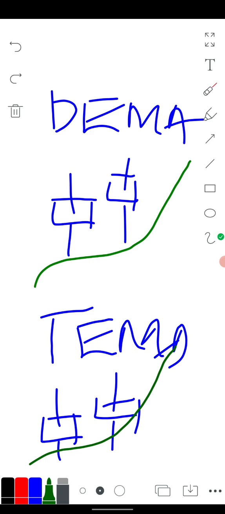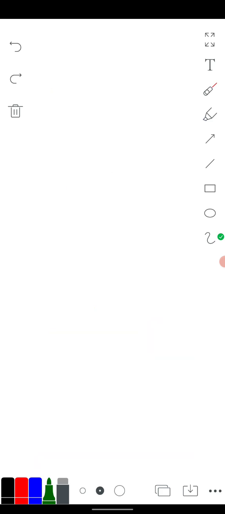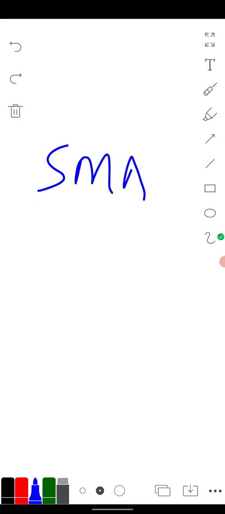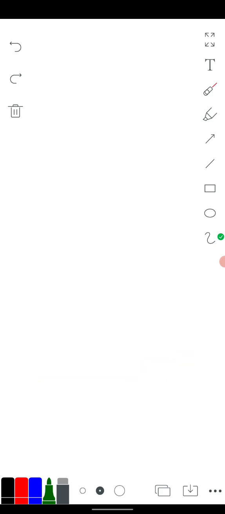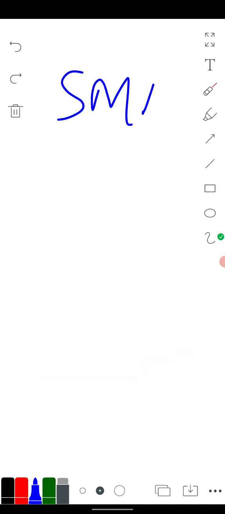And we'll be having one more strategy, like SMA and EMA in a single strategy. If EMA crosses above, let me consider this as SMA, and this one as EMA.